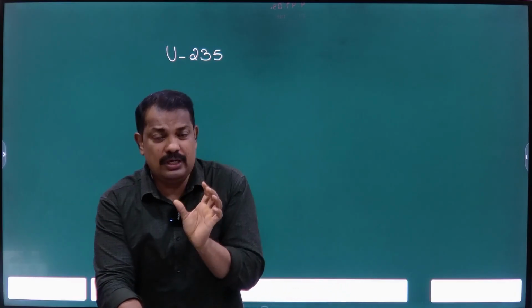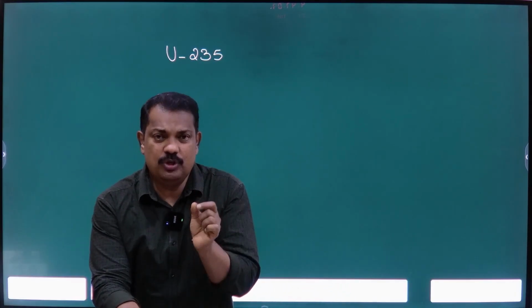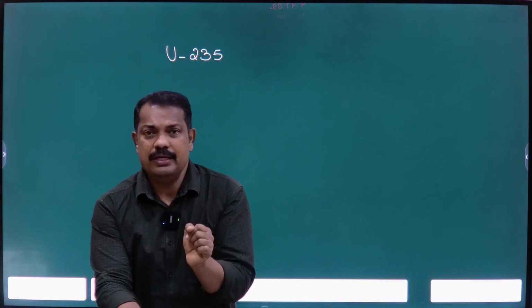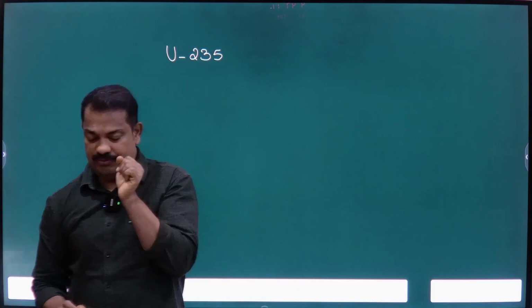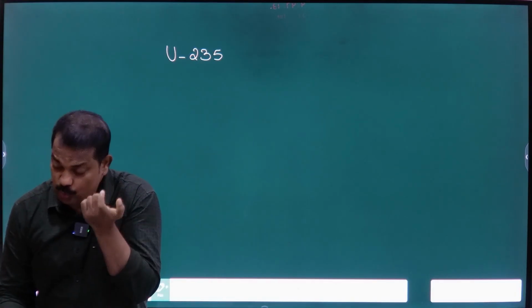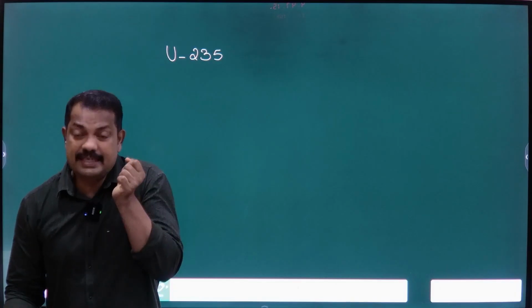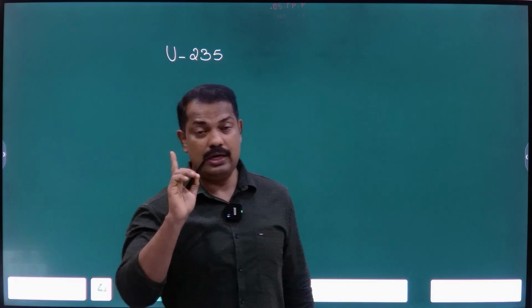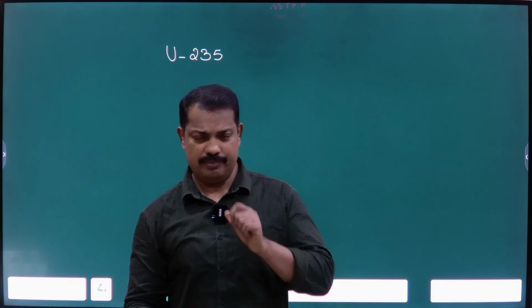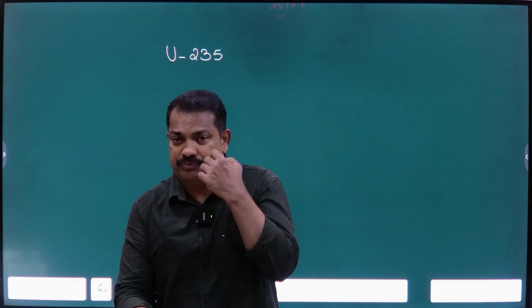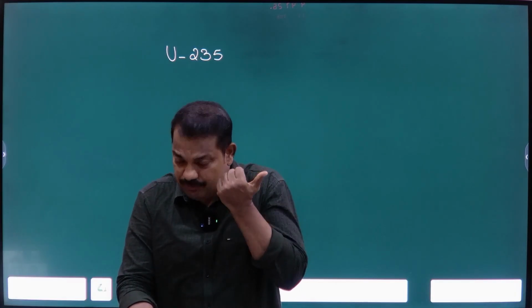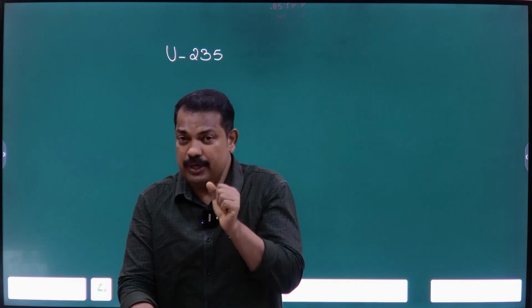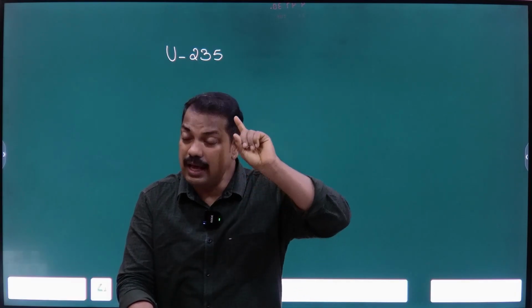The isotope uranium-235 is used as a fuel for the production of electricity in nuclear reactors.